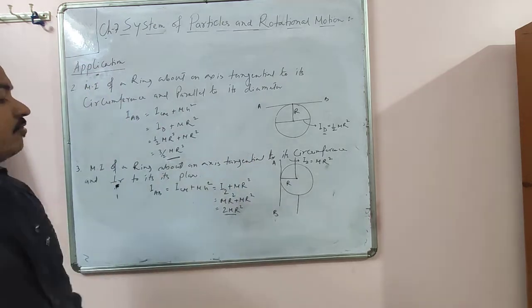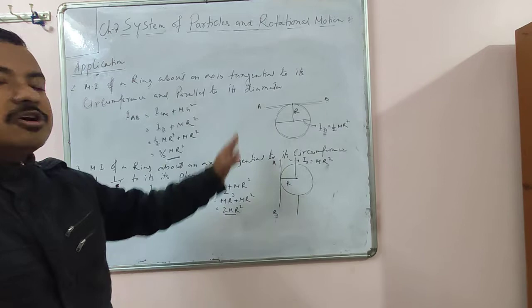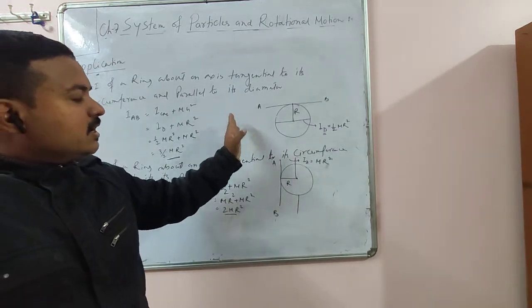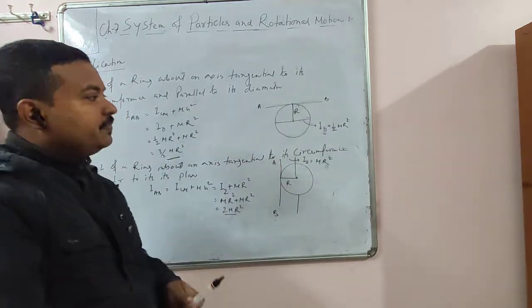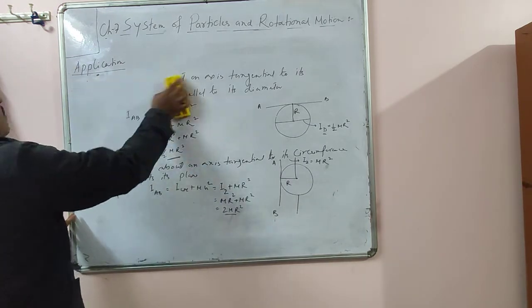So like that you can find out moment of inertia of rigid body about any axis by using these theorems. Okay, perpendicular axis theorem and parallel axis theorem. So let me give you another example.